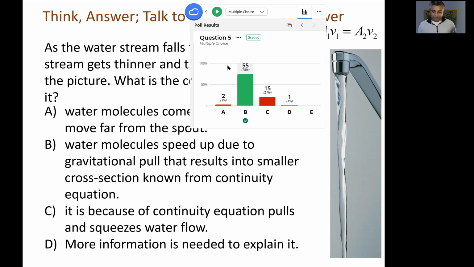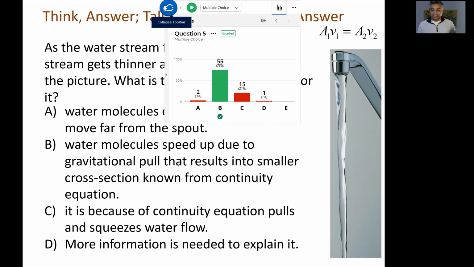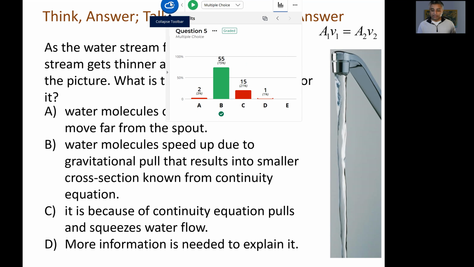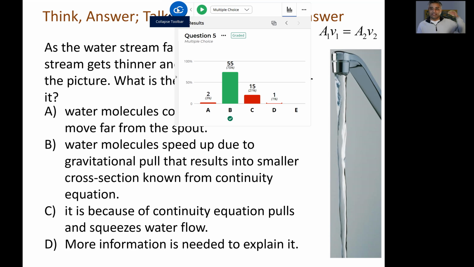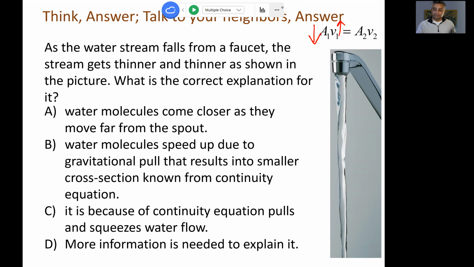Nope, I think B makes more sense, okay? It's gravity that's pulling the water, and because of that, it's speeding down. It's freely falling, and speed is increasing. So when speed goes up, area goes down. Okay, so that makes sense.